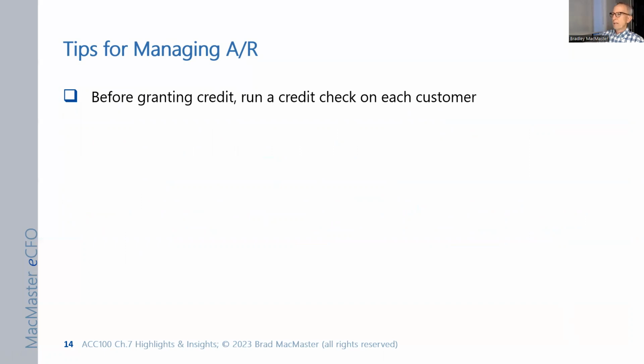There are huge databases that are maintained by credit agencies that track customers' payments and whether they're paying on time. And you can buy a credit report from these agencies for a few dollars, and find out whether the particular customer you want to make credit available to has a reliable history of paying its obligations on time.